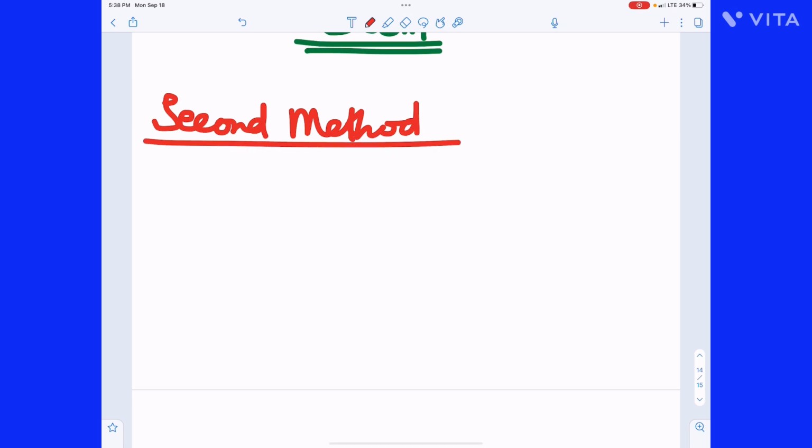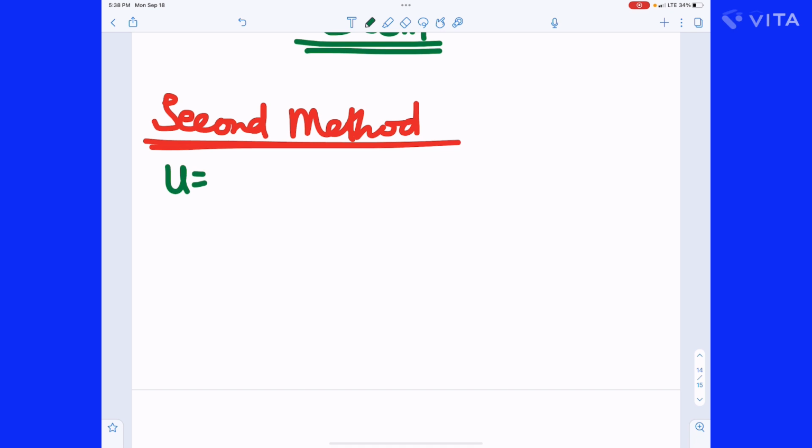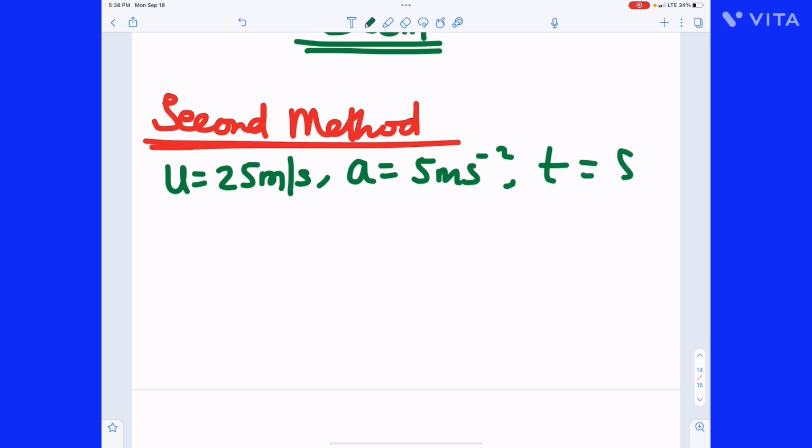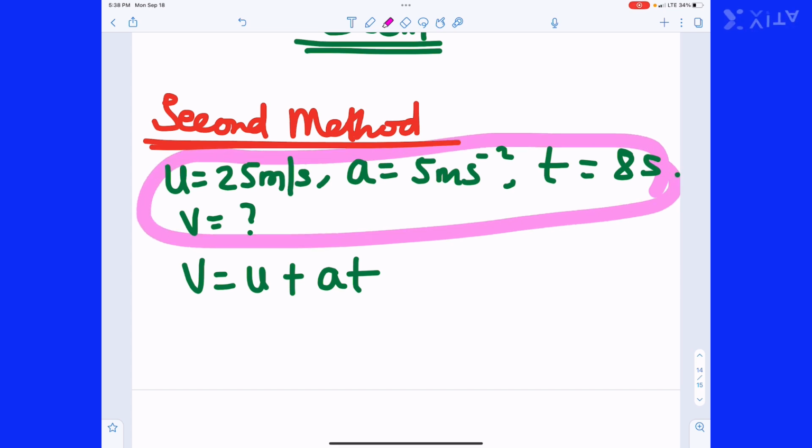Okay, it started from a velocity of 25 meters per second and accelerated at 5 meters per second squared for 8 seconds. So how do we get the final velocity? The equation we will use for that is v = u + at, because that's the formula connecting a, u, t, and v.